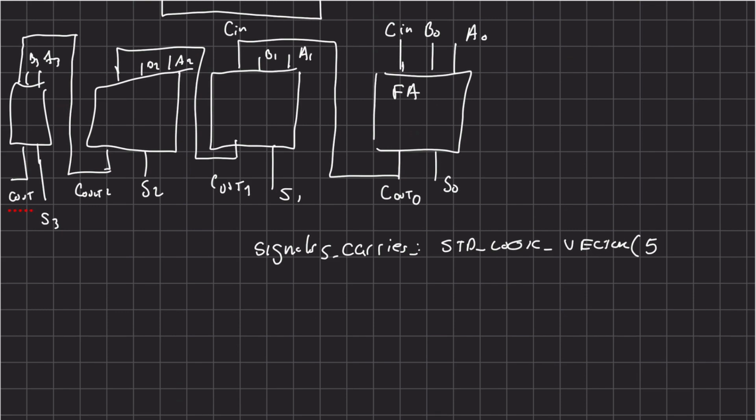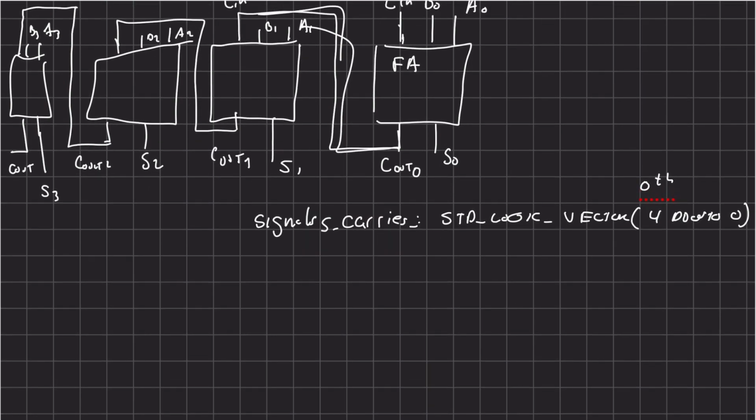In the context of our 16-bit, we will have 17. All right, so if we need 5, what we do is 4 down to 0 here. Okay, and we will map Cin to the 0th, and then this one will map to the output of the first and the input of the second. The output of the second will be the input of the third, and etc. Okay, so how do we write this? Let's go.